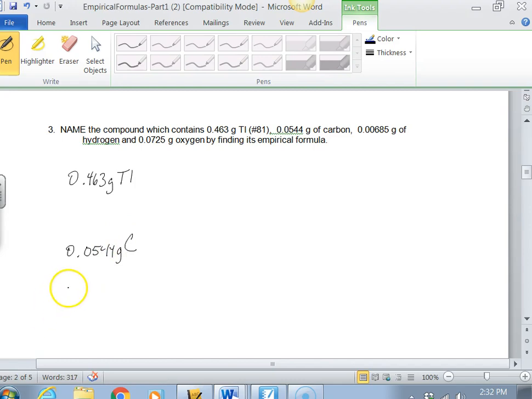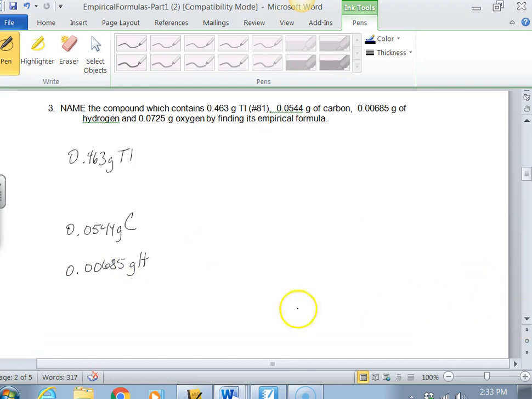We've got 0.00685 grams of hydrogen. And we've got 0.0725 grams of oxygen. We're going to convert each of these to moles. We're starting with grams, so we have mass. Go to moles next.